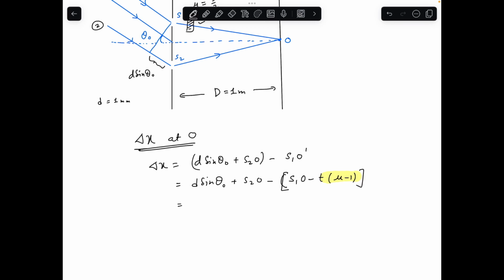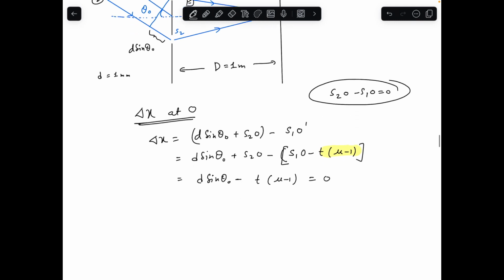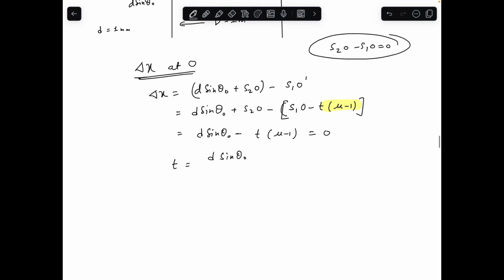I am getting d sine theta naught minus d sine theta naught minus t into mu minus 1. So obviously, as I told, both the path difference has to be equal. That should be equal to 0 for central maxima, correct? And I know S2O minus S1O is already 0, okay, because both are of same length. So t equal to d sine theta naught divided by mu minus 1.